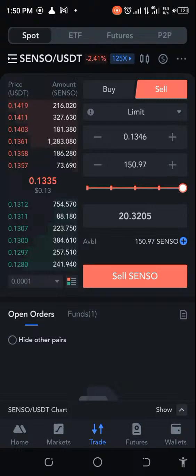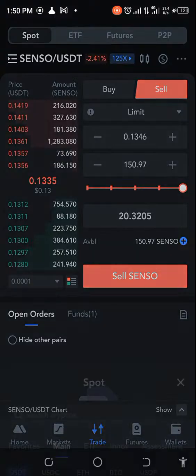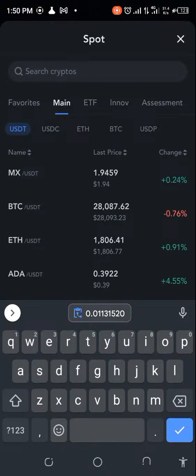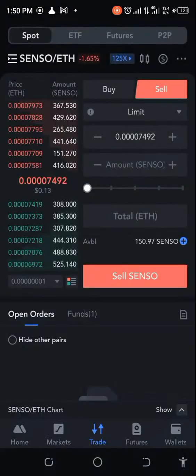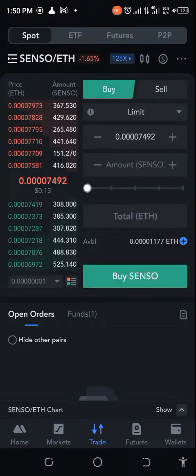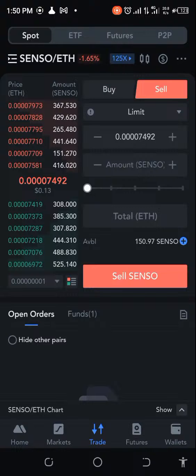But what I'm seeing here is that if we sell back to Senso ETH, which looks like it's climbing, we might likely get more. Oh no, not at all, because this amount wouldn't give us that much. And if you want to sell, we definitely will be looking at this particular one. We're definitely not going to get much from here.